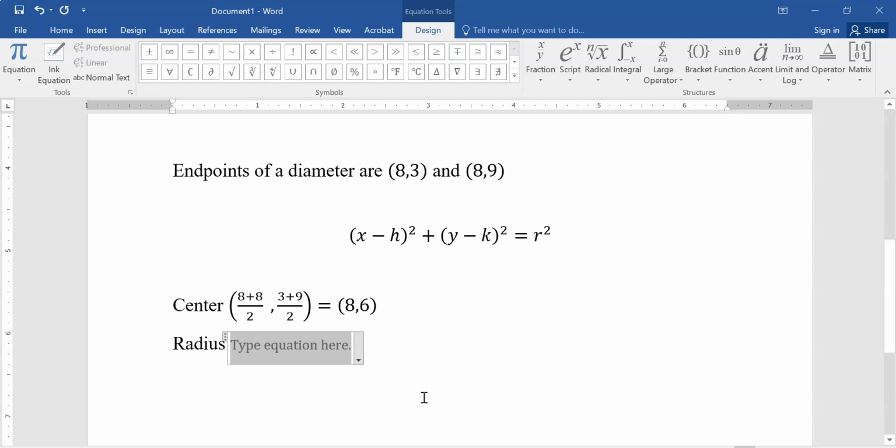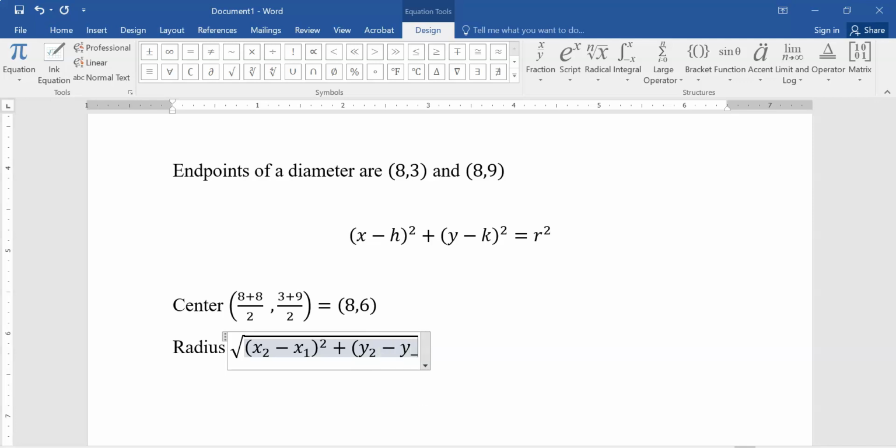So the distance is the square root of the change in x, x2 minus x1, squared, plus y2 minus y1 squared. And that would give you your distance between any two points formulaic wise.